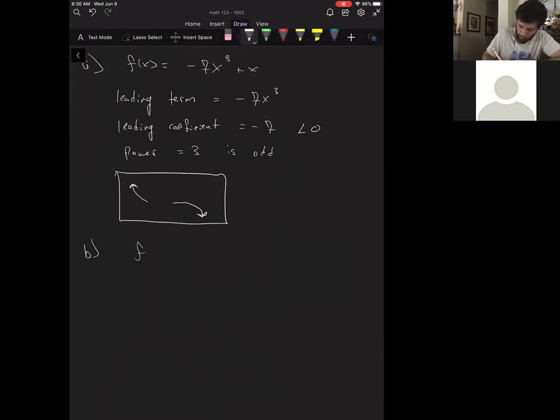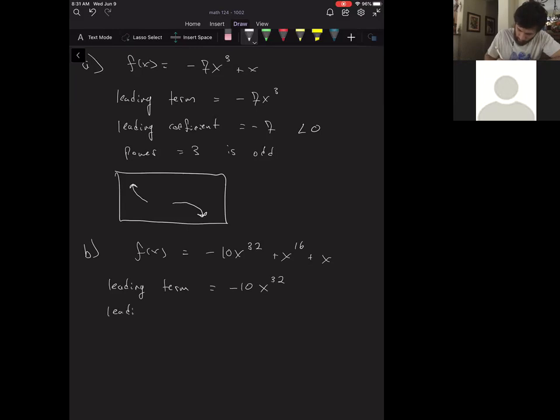Okay, so what about f of x is equal to minus 10x to the 32 plus x to the 16 plus x. Here, our leading term is minus 10x to the 32.